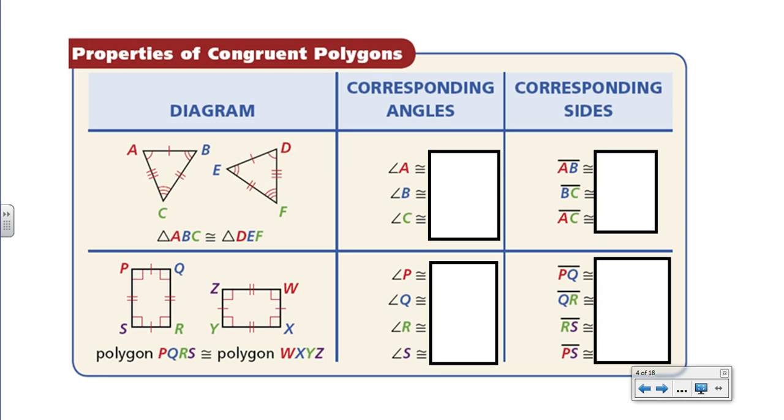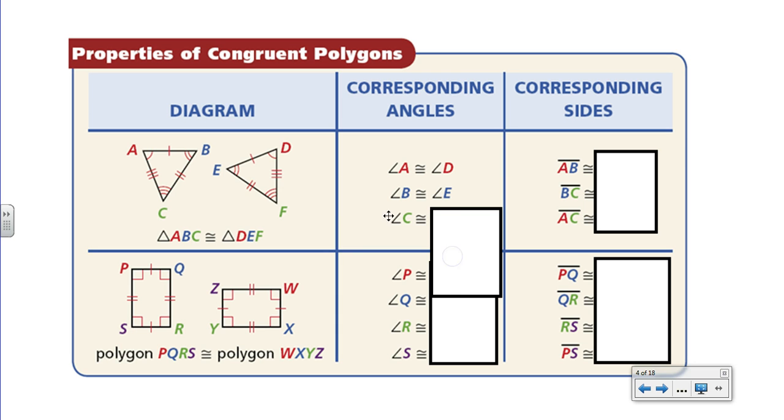Properties of congruent polygons. I love these symbols that we use in math to show congruency, right? We can see that even though triangle ABC is in a different orientation than triangle EDF, we have angle A corresponding with and congruent to angle D, shown by the single arch. We have angle B corresponding and congruent to angle E. And with the three arches, we have angles C and F being congruent.